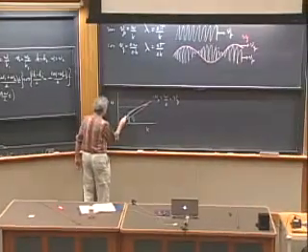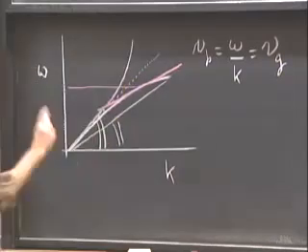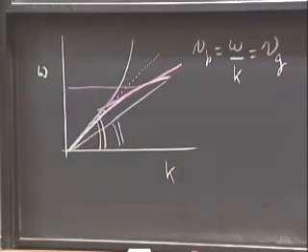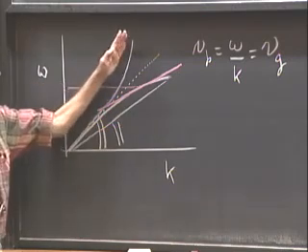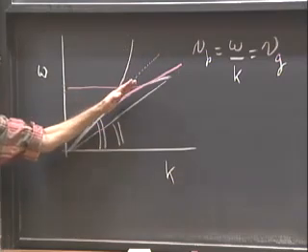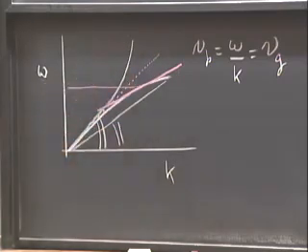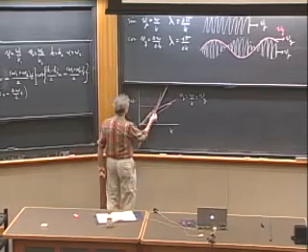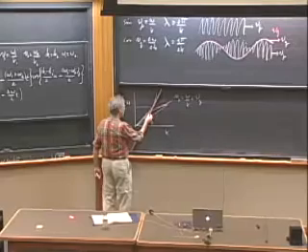Suppose you had an omega-k relationship that goes like this. And you will see today that that's possible. So now you have enough knowledge to tell me that at high frequency the phase velocity is higher than at low frequency because the slope is higher. You also can see that the group velocity at high frequency, which is the tangent, is higher than the phase velocity.